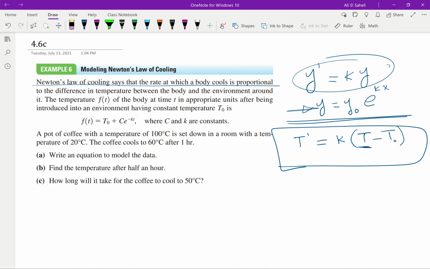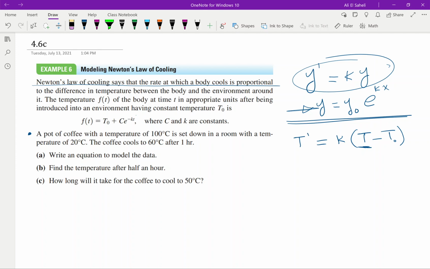Example. A pot of coffee with temperature 100 degrees centigrade is set down in a room with temperature 20 degrees centigrade. The coffee cools to 60 degrees centigrade after 1 hour.